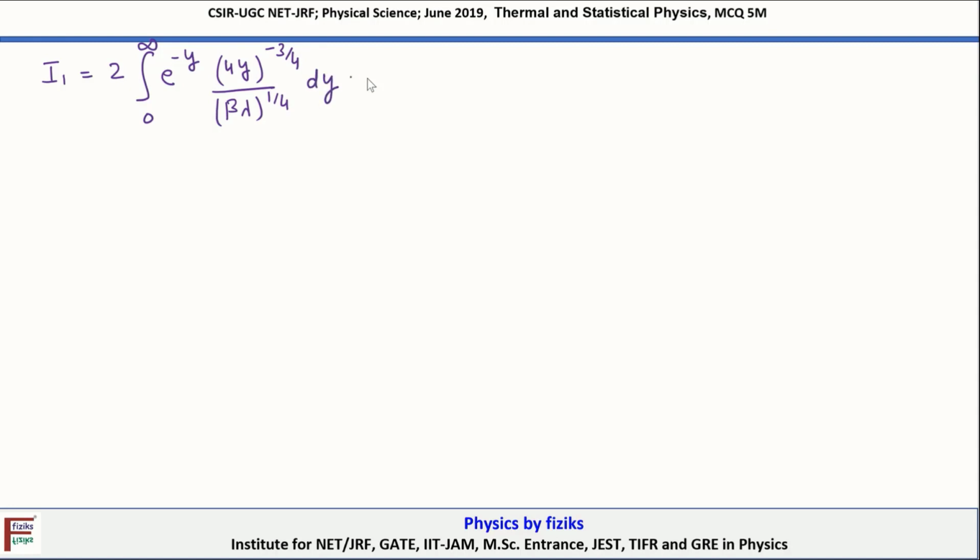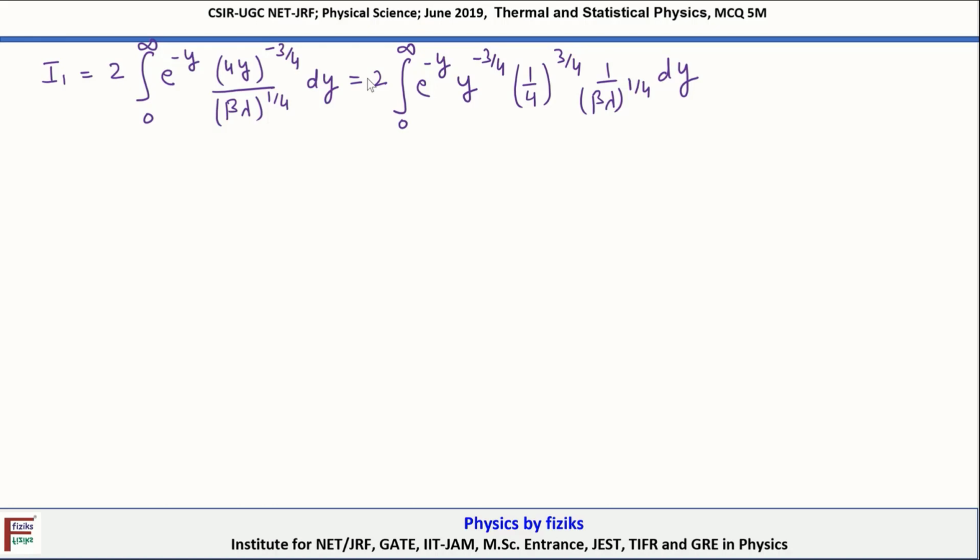This can be further rewritten as 2 times the integral from 0 to infinity of exponential minus y, y power minus 3 by 4, and the remaining terms 1 by 4 power 3 by 4 and 1 by beta lambda power 1 by 4 dy.